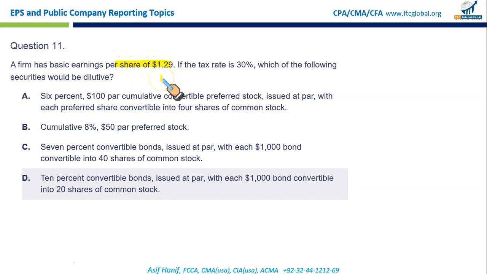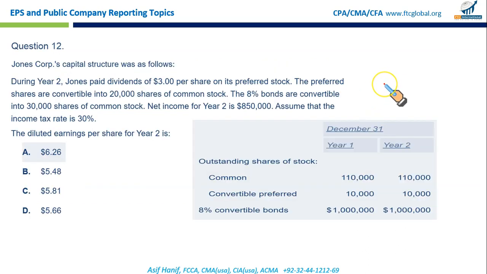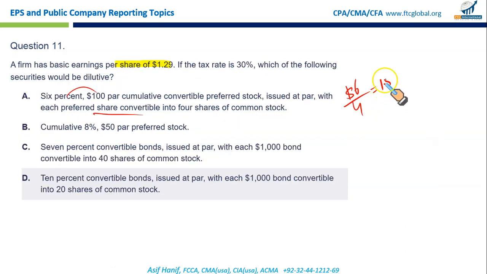Let's see what these securities do. If you consider A, $100, 6% cumulative convertible preferred stock. That means $6 would be the dividends saved if these cumulative convertible preferred stock are converted to common shares. How many? 4. So 6 upon 4, that is 1.5 per share.